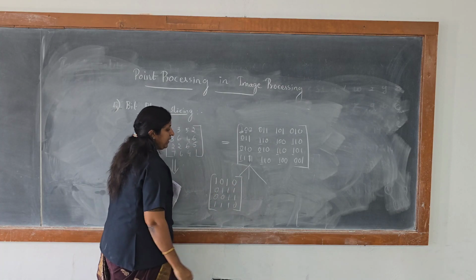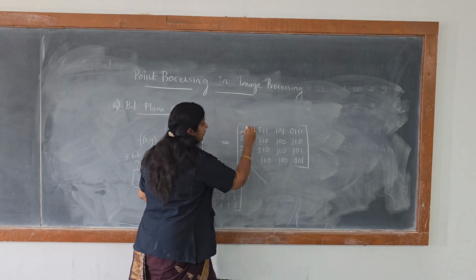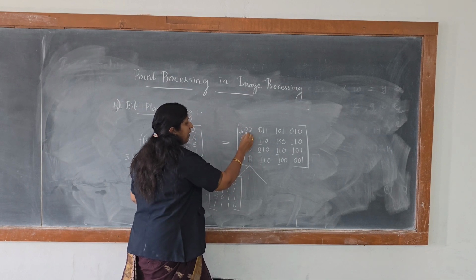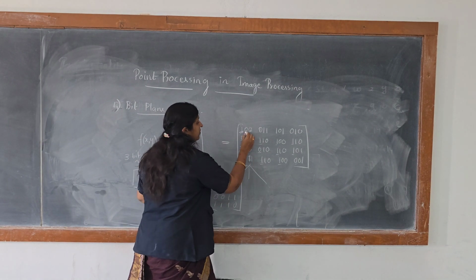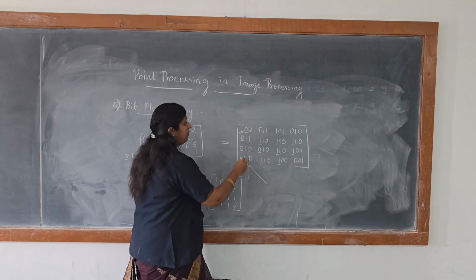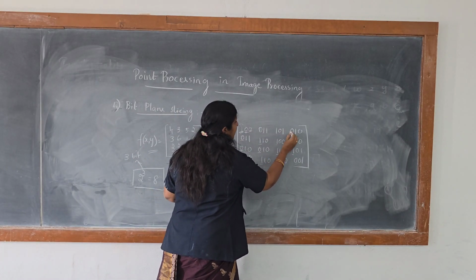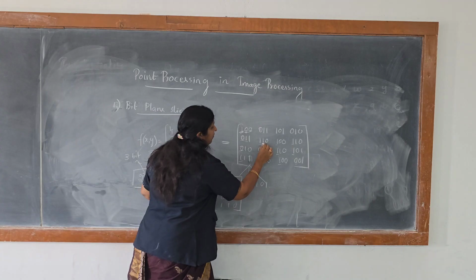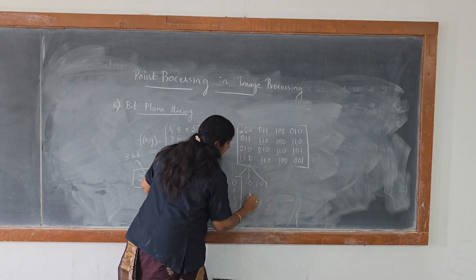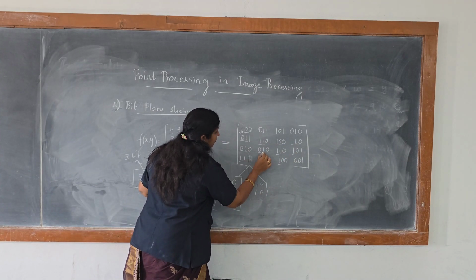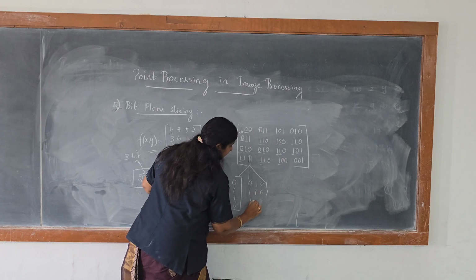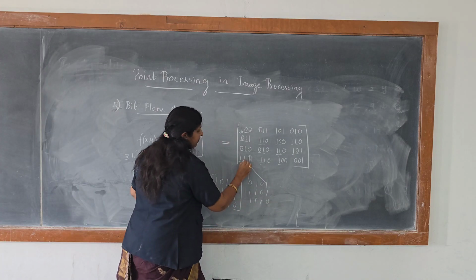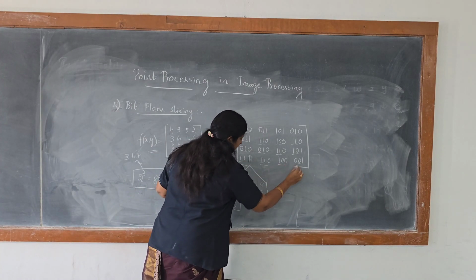This is a separate binary image, and if you consider the center bit, you will get one more binary form: 0 1 0 1, and 1 1 0 1, 1 1 1 0, finally 1 1 0 0.